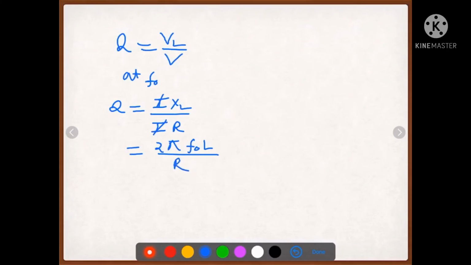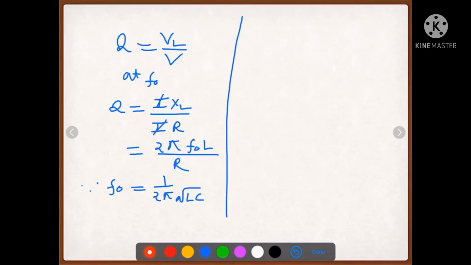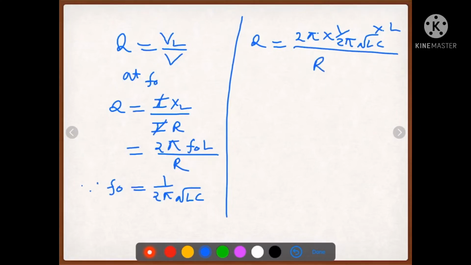And we know the value of F naught for a series circuit, that is 1 upon 2 pi under root of LC. If we put this value, Q is going to be equal to 2 pi into 1 upon 2 pi under root of LC into L over here and R here.